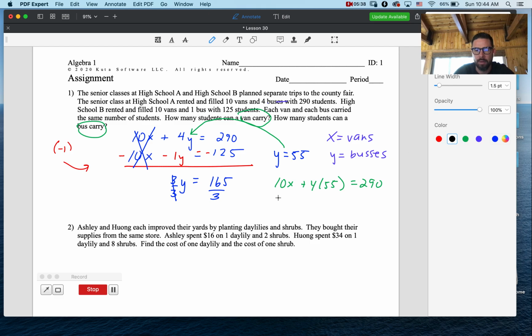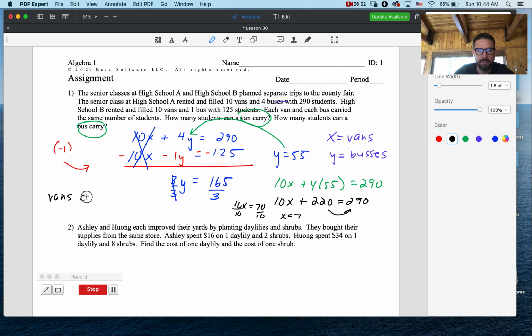Okay, and we have 10x plus, I think it's 220 equals 290. Subtract it over, and I think we get 10x equals 70. And x equals 7.